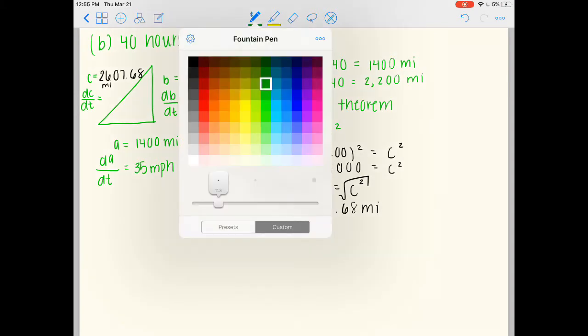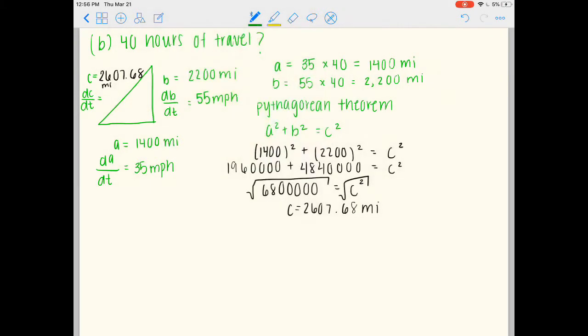Now that we have our known values of the distance of car A, the distance of car B, and the distance between those two cars, we can fill in all of our knowns. So we have that A is equal to 1,400 miles, B is equal to 2,200 miles, and C is equal to 2,607.68 miles.